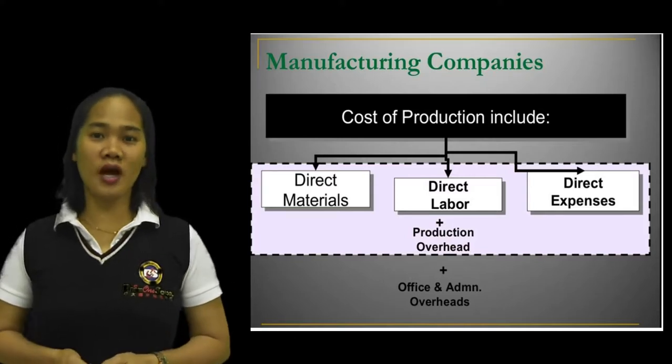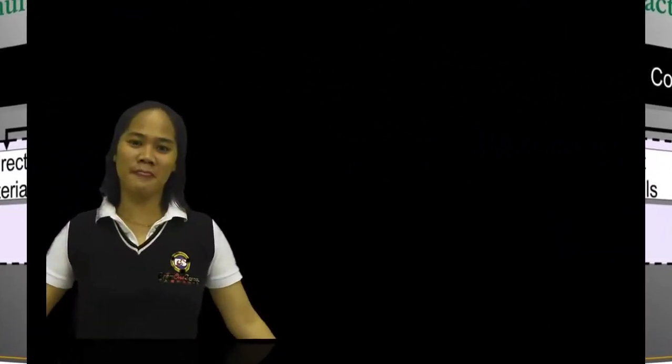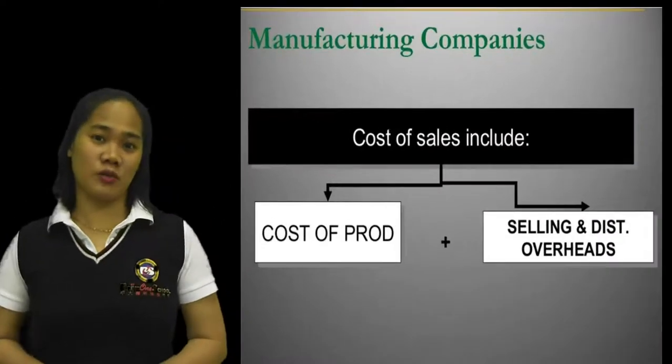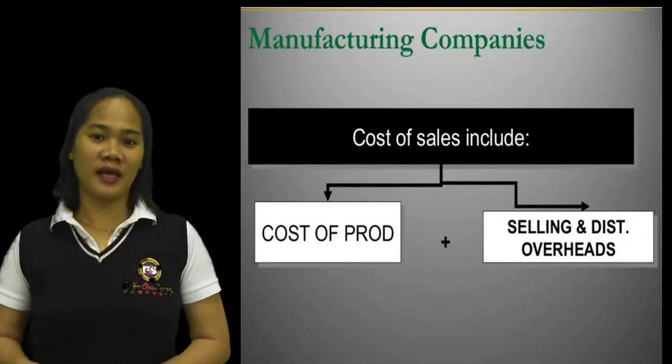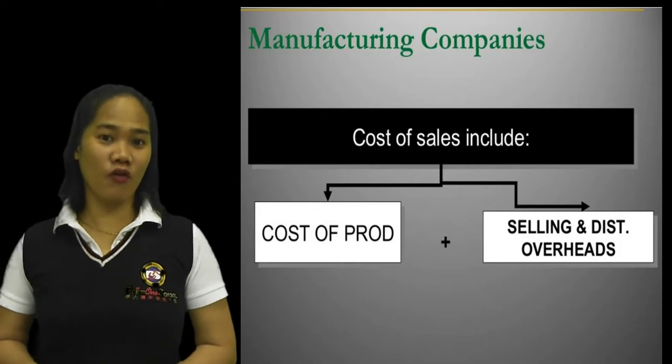Those are what the cost of production includes. How about our cost of sales? Our cost of sales includes the cost of production that I have given, added with the selling and distribution overhead.